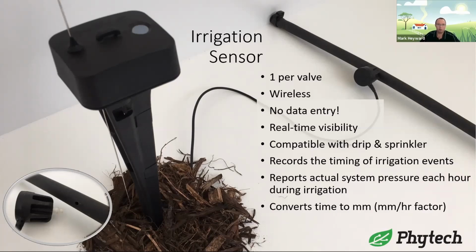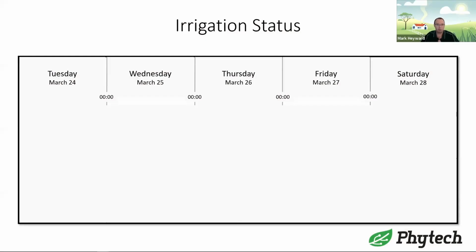That's the first sensor that we deploy in the orchard, and the data from that sensor comes into the servers and is displayed on a timeline. So this is just an example of a 5-day period from March 24 through to March 28. Data comes in and sits on the timeline relative to the position and the duration of that irrigation event.